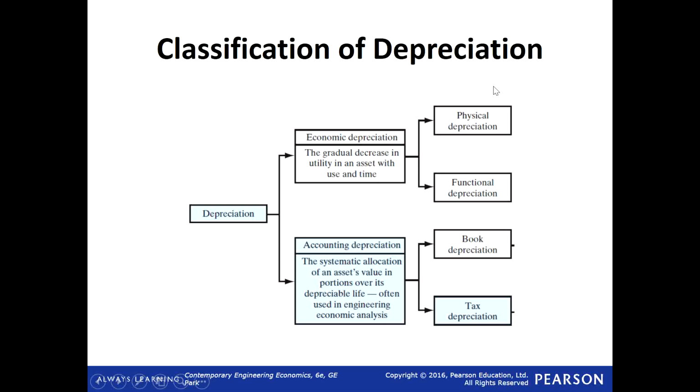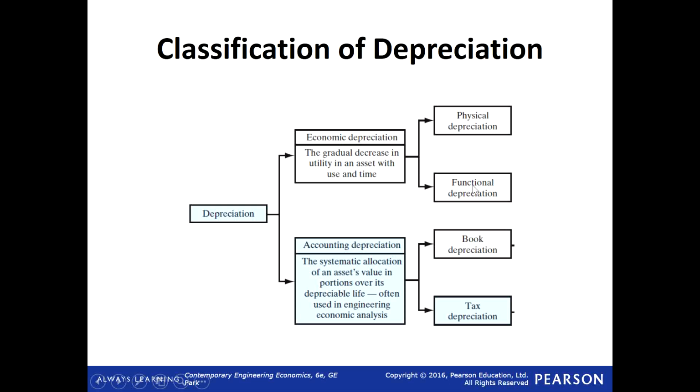It could result because of a physical depreciation or because of a functional depreciation. Physical depreciation basically results because of interaction with the environment, because of rusting, right? So it could be any reason that the life of the asset has been decreased.